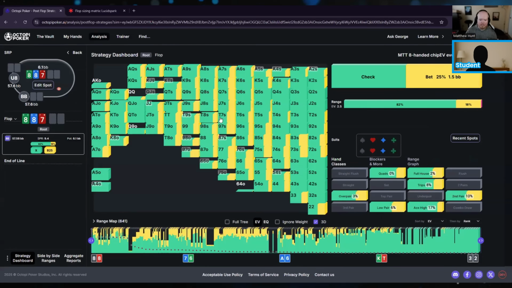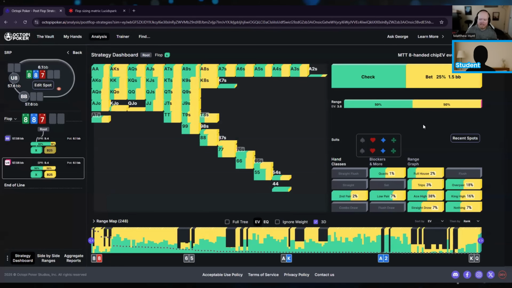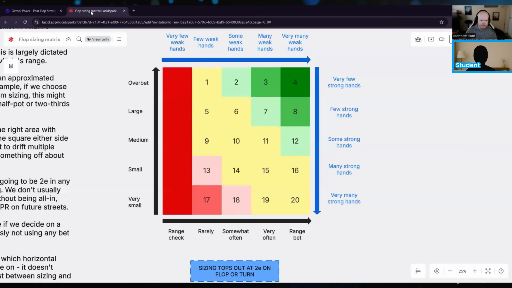So the big blind actually does a little bit of leading out here, which is kind of interesting. When they check, okay, so we're exactly 50-50 with bet and check and a small size, right? So it's like a 14 here, right? Or maybe even an 18.